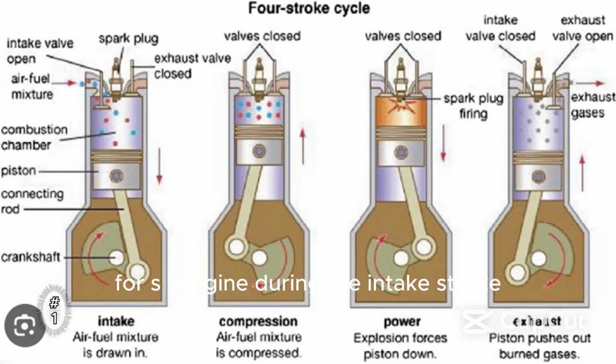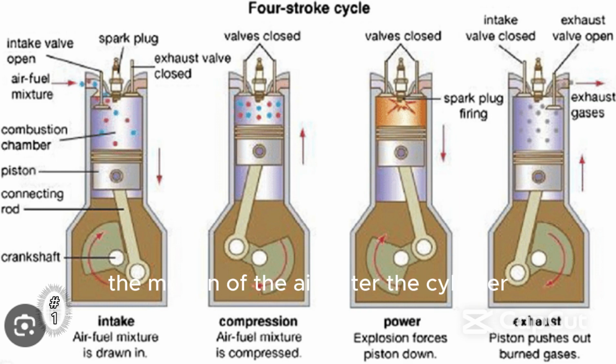For the SI engine, during the intake stroke, the intake valve will open and the premixture of air-fuel mixture will enter the cylinder due to the pressure difference between inside the cylinder and outside of the cylinder.